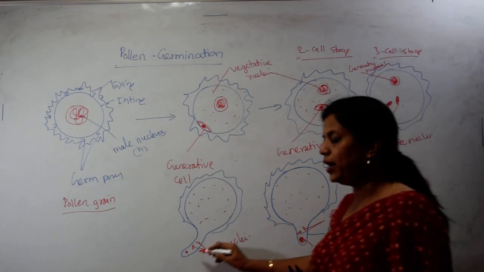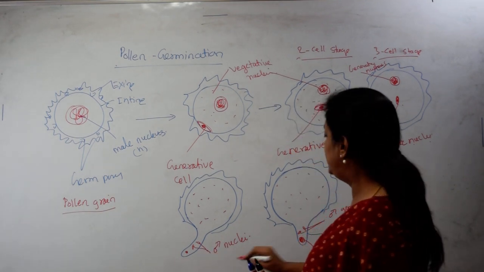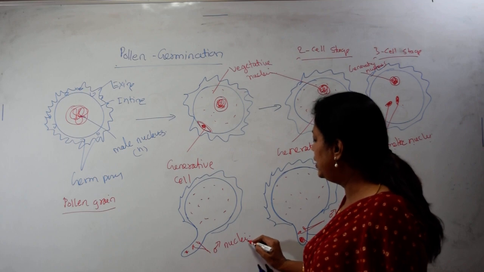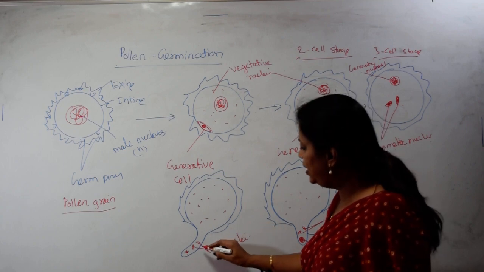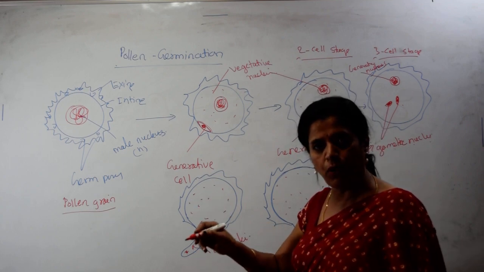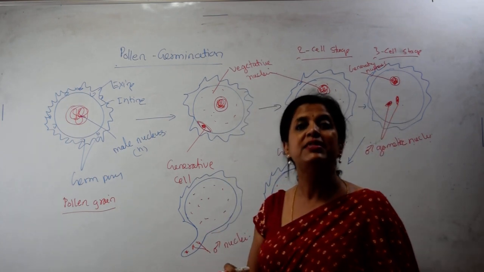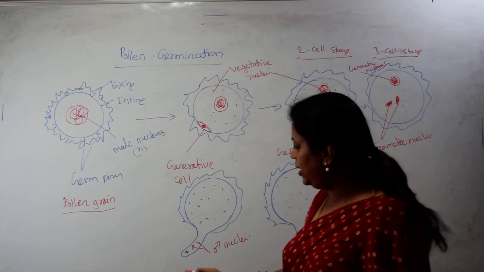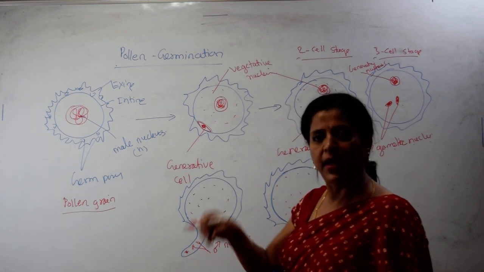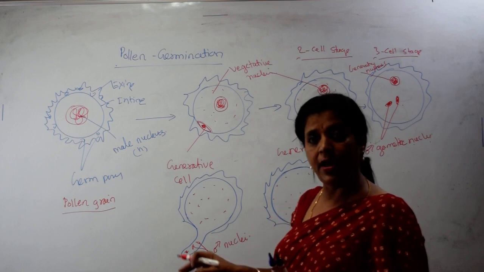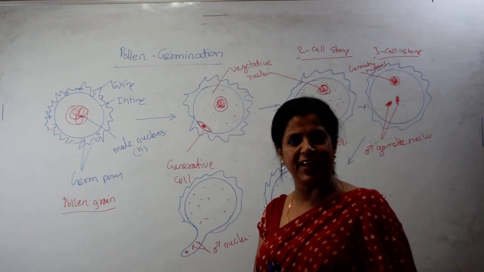Now the pollen tube starts elongating, during which the generative nucleus disintegrates and the two male gametic nuclei survive. The pollen tube is going to pass into the tube of the style in the female and pass the two male nuclei into the egg apparatus, and they bring about the fertilization.